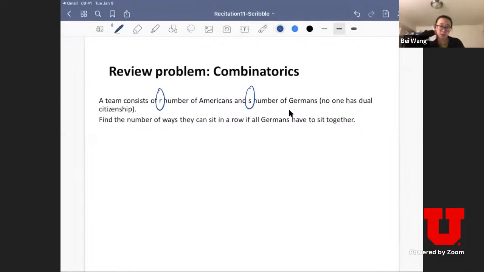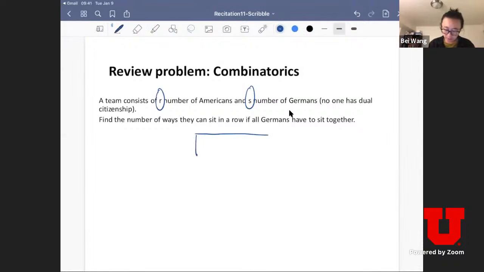Again, please pause the video and solve it on your own. This should take you less than 2 minutes. When you come back, let's solve this together. What is the condition? Germans have to sit together. When Germans sit together, that means I can glue them into one single unit that has to be together in a row.